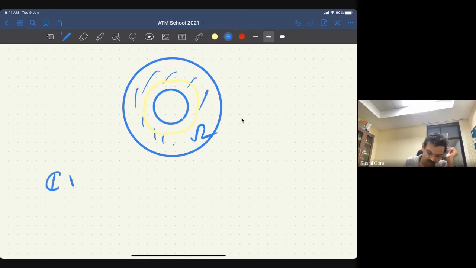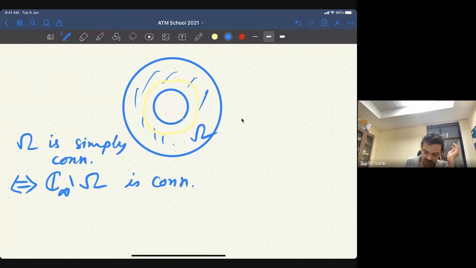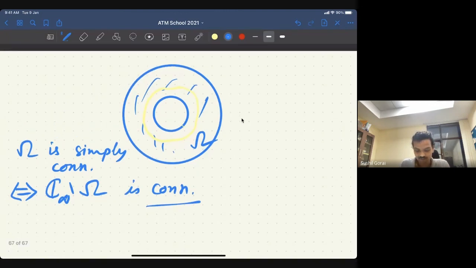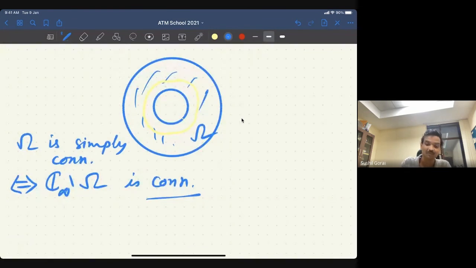So you can deduce what we proved till now: omega is simply connected if and only if C infinity minus omega is connected. Well, there are a lot of characterizations of simple connectedness. When it is not simply connected, the domain is called multiply connected. Okay, so I have taken already around 10 minutes. Thank you. So I'll stop here.